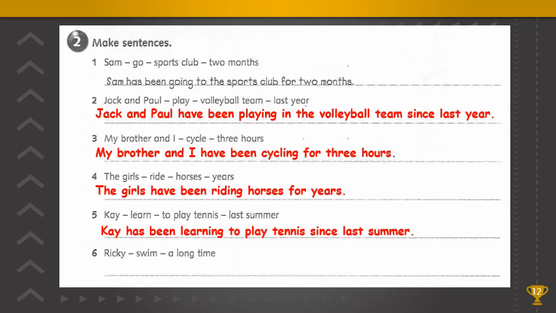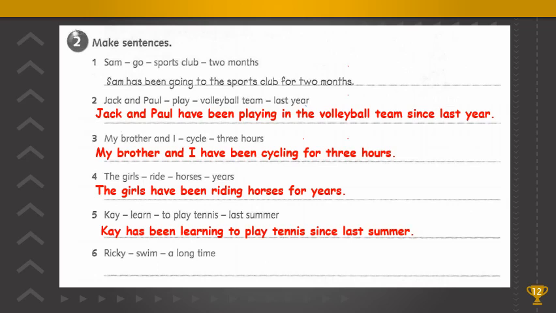So if we use the present perfect continuous here, we say Ricky has or have. Correct. Ricky has, because Ricky is singular. Ricky has plus been, don't forget, has been swimming for a long time.